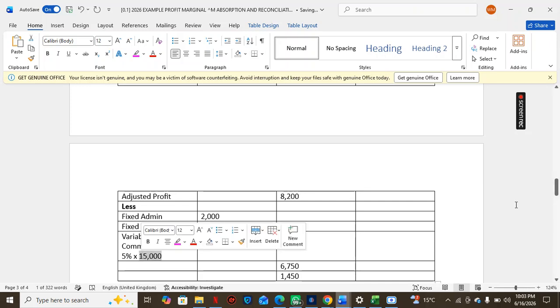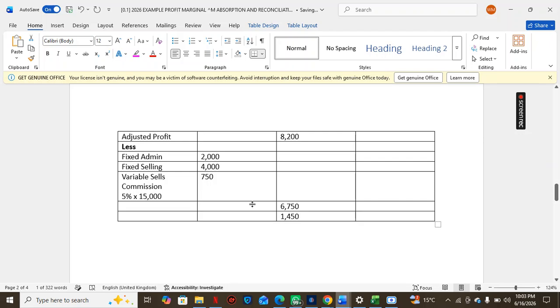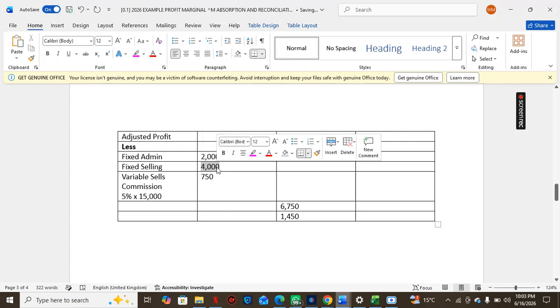This 15,000 is coming from here. So you get 5% of this 15,000, 750. So you add the fixed admin, fixed selling and variable sales, 2,000 plus 4,000 plus 750, 6,750.